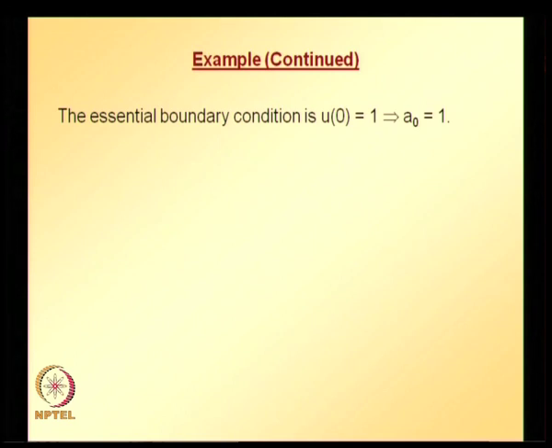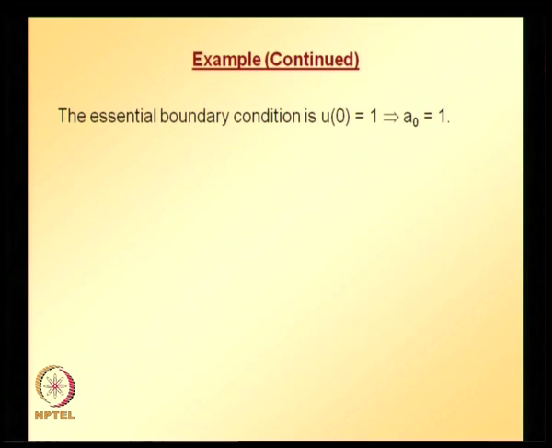Okay. So in the given quadratic trial solution, u = a0 + a1 x + a2 x squared, you substitute the essential boundary condition, that is u evaluated at x = 0 is 1. That leads to the condition a0 = 1.